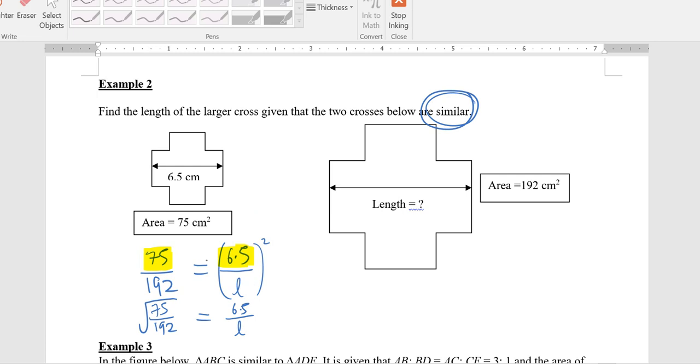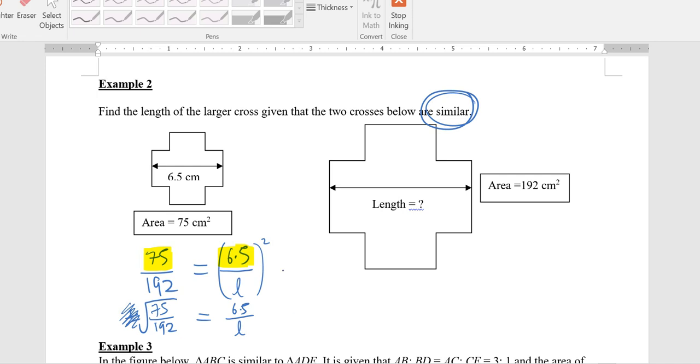Now, when we square root both sides, we usually put a plus minus, but in this case we do not have to because both are lengths, so it should give us a positive ratio.